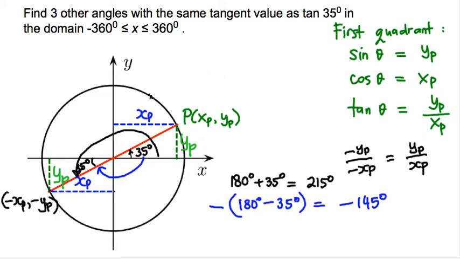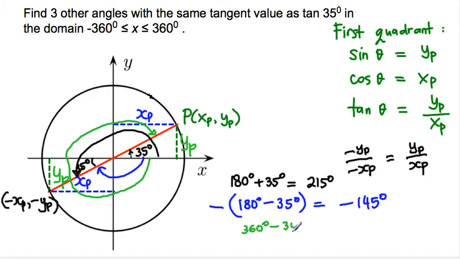Now the last angle that we can find here in this domain is starting from x positive axis and going clockwise, which means negative angle, reaching this terminal line over here with P as its terminal point. And the angle measure is then 360 minus 35 degrees.